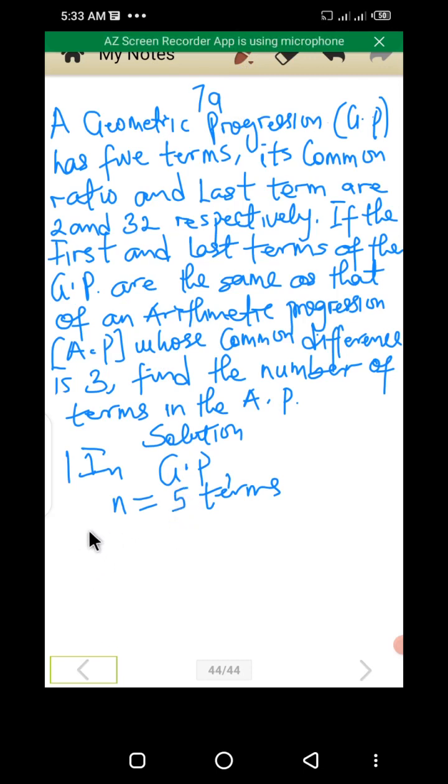The last term of the GP is 32, and the formula for the last term is ar^(n-1), and the common ratio of the GP is 2. So we just substitute into this formula.